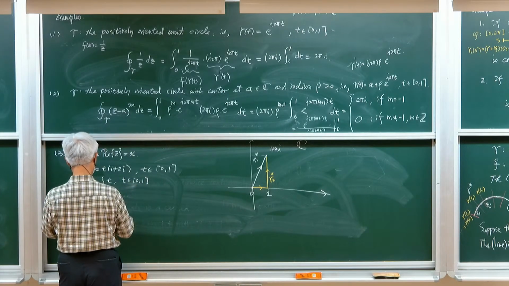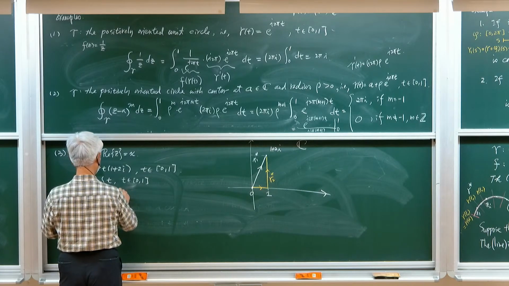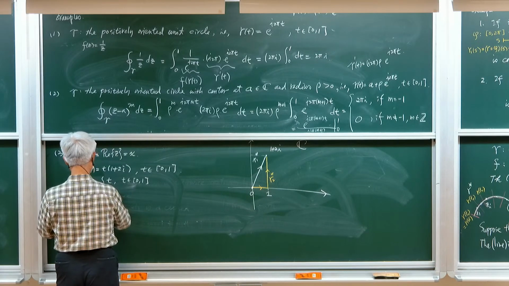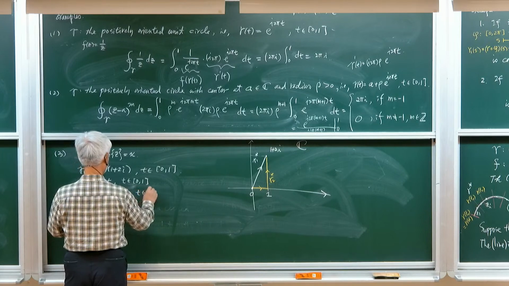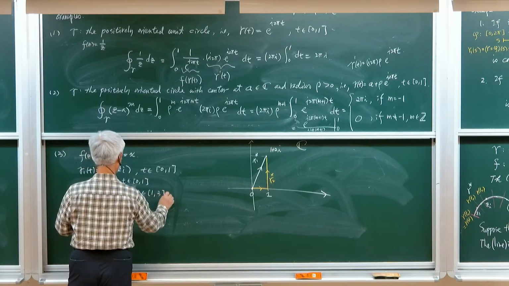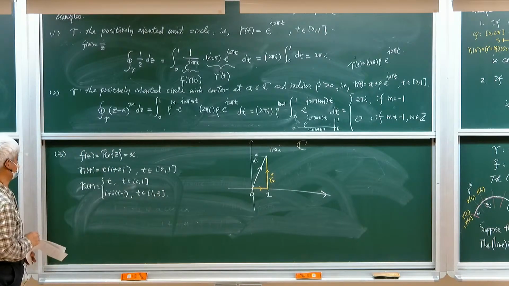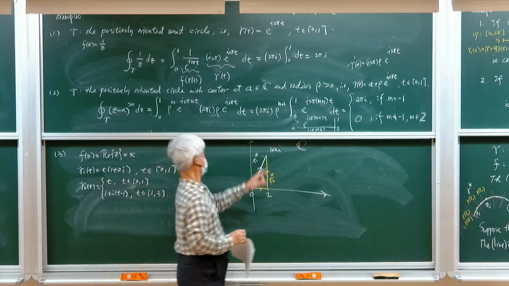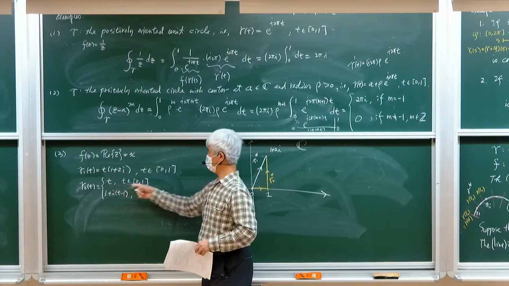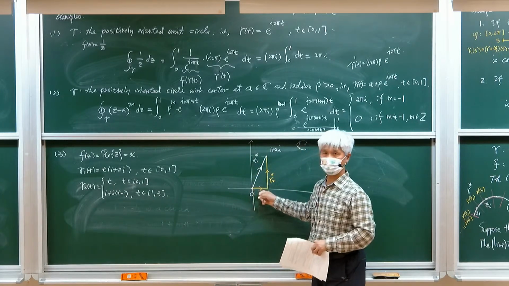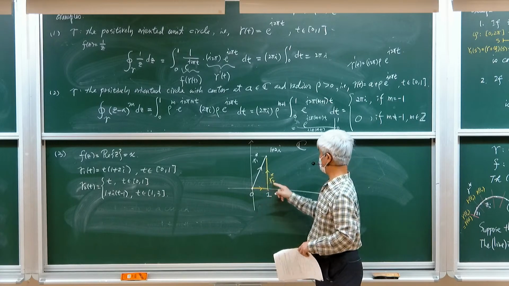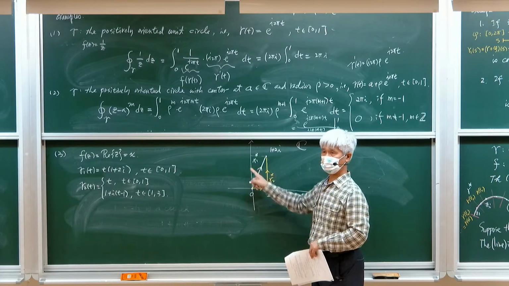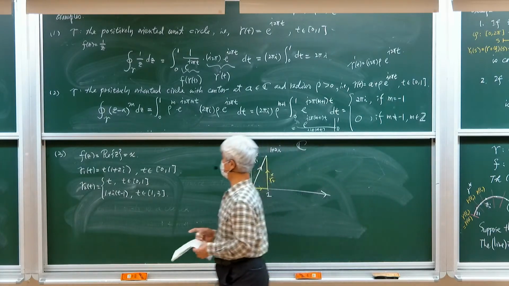And the other is 1 plus i(t minus 1), for t in 1, 2. So this is going up. The first part moves horizontally, and then vertically. So this is gamma 2. So we have 2 different paths here.